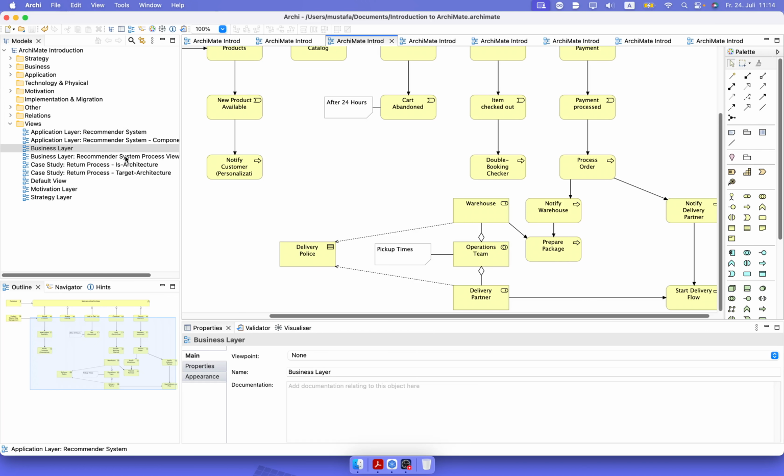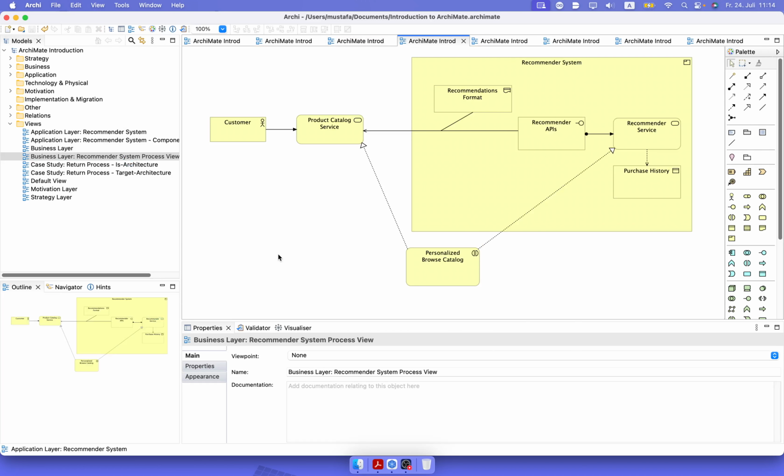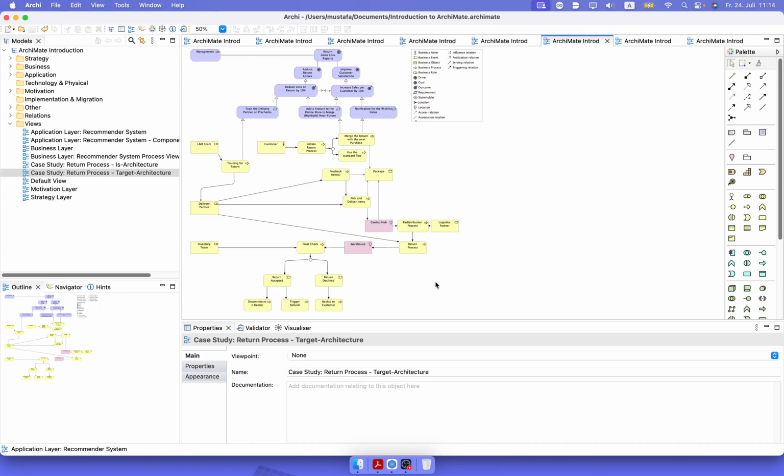Another view that we had also is here, where we had the recommendation system format. And moreover, we had the return process modeled here, which is of interest to us because it shows the central hub, the warehouse as well, and the different interactions between them.